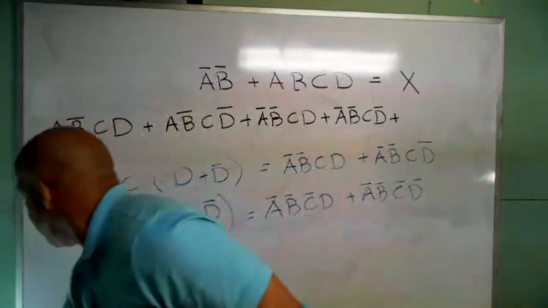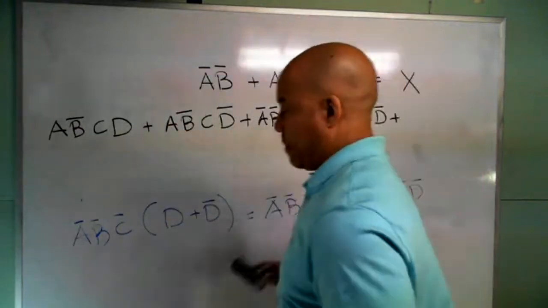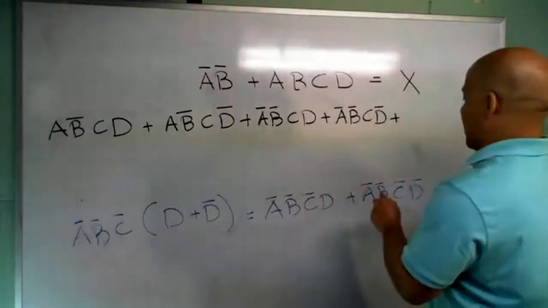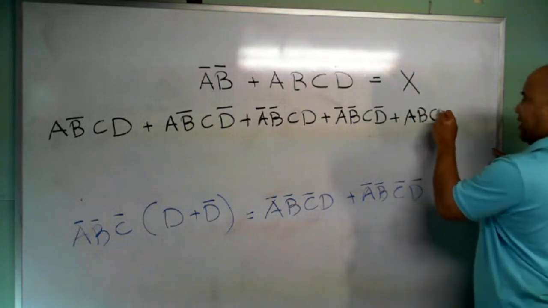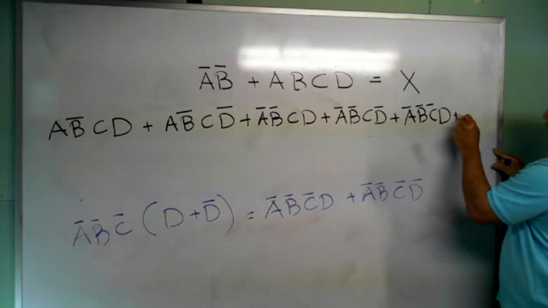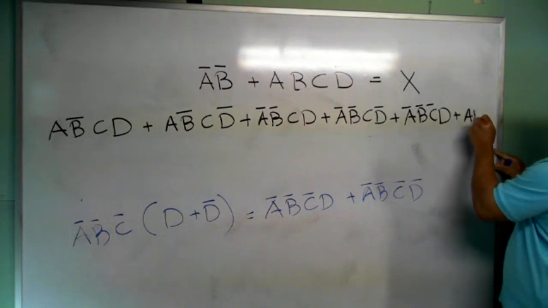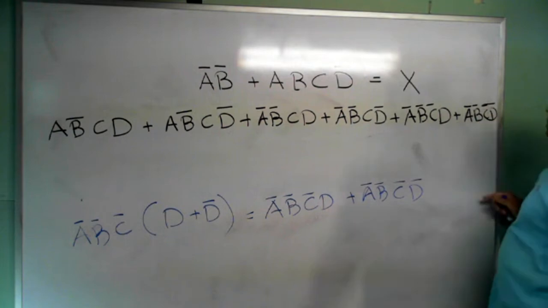That takes care of that one. And then I got A, B, C, D. Those are all not. And then I'll squeeze this one in. I got A, B, C, D.